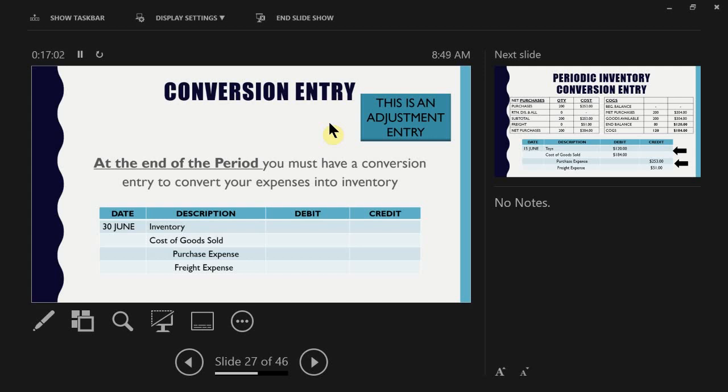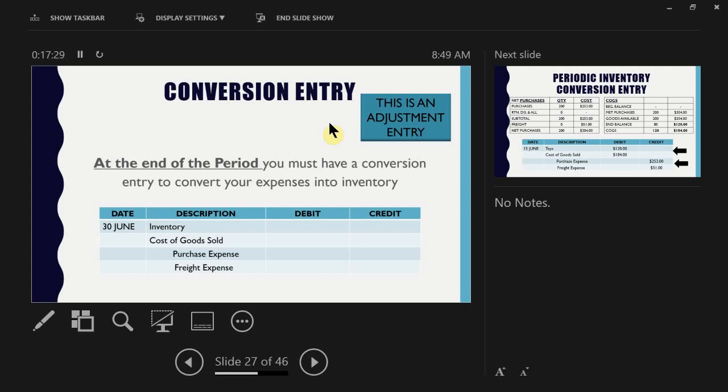That's where the inventory comes into play, because that's what we made purchases for. And then we have cost of goods sold, which is a direct link to actually selling your inventory. Lastly, you're going to have to zero out your purchase expense and your freight expense.